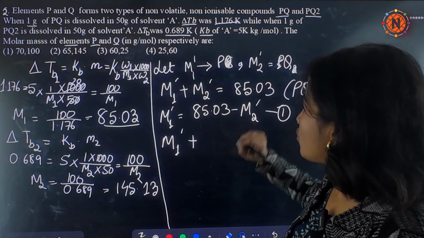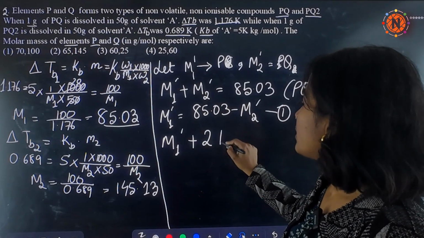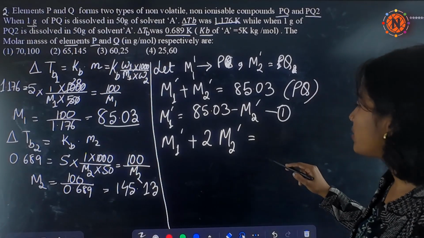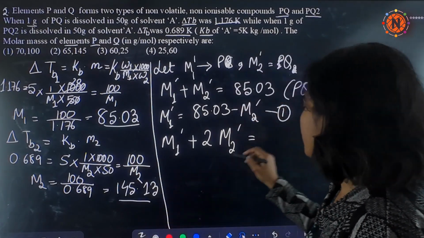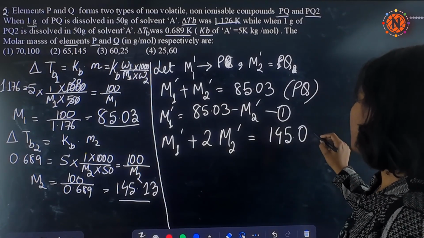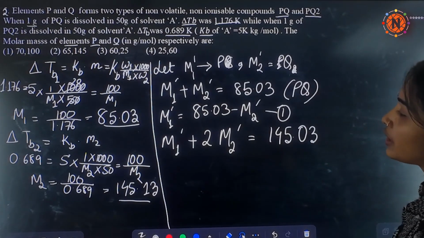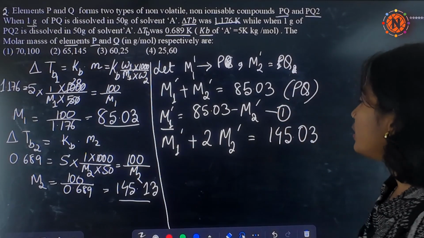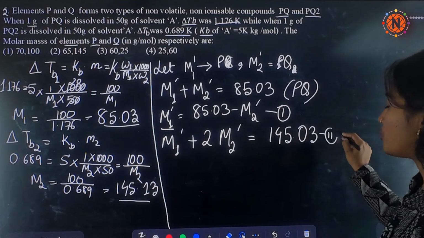Here two Q's are there, so I have to write M2 dash multiplied by 2, and the molar mass given for PQ2 is 145.03, right? Let us put the value of M1 dash in equation number 2. This is equation number 2.